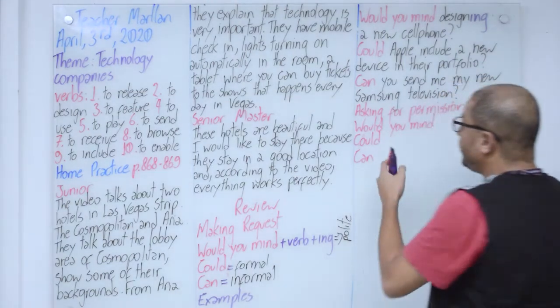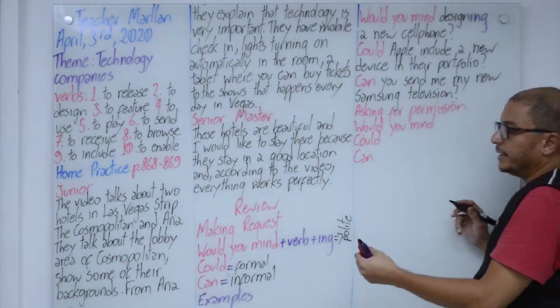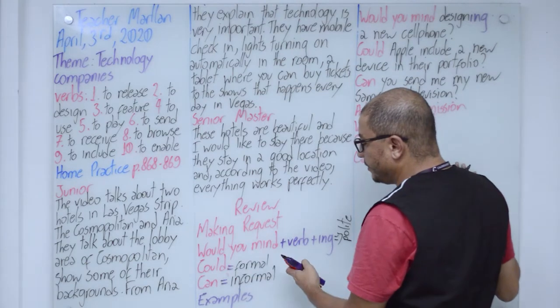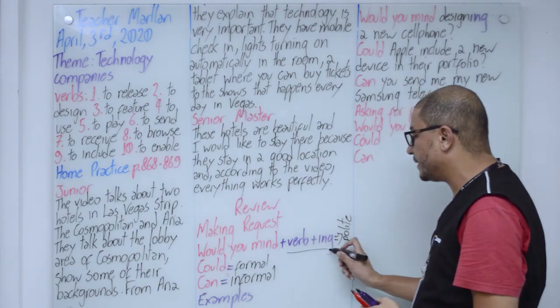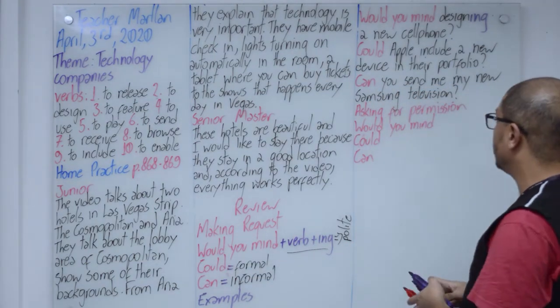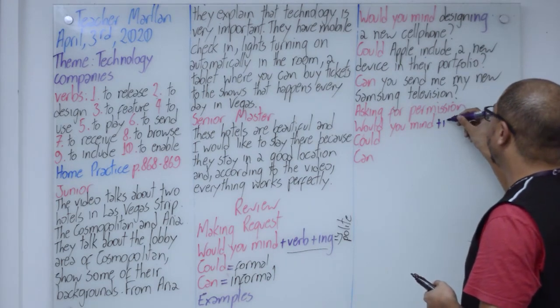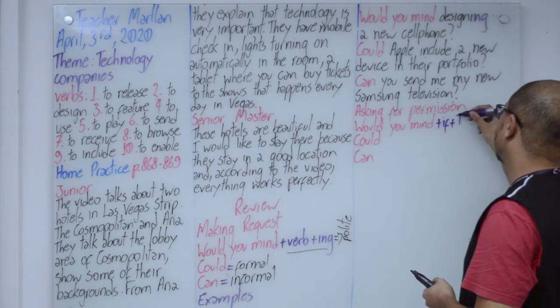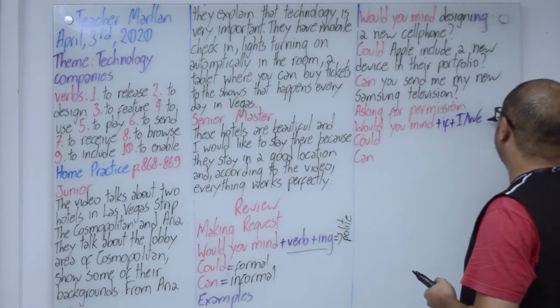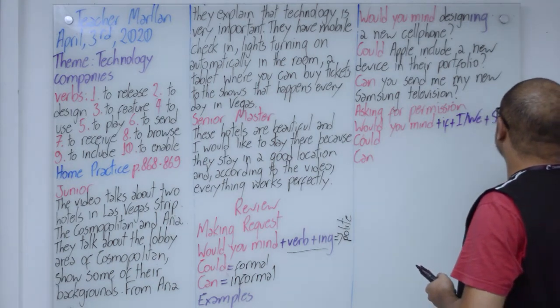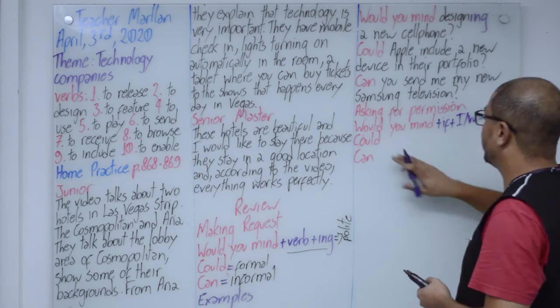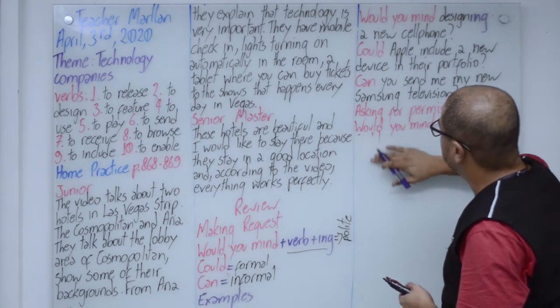When we are talking about would you mind, in here for making requests, we use would you mind plus verb plus ing. When we're talking about making or asking for permission, we're going to use if plus I or we and simple past.